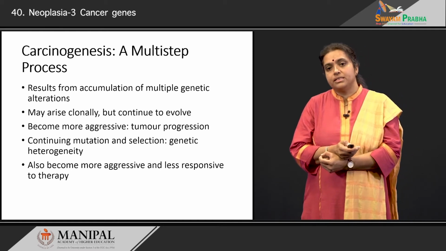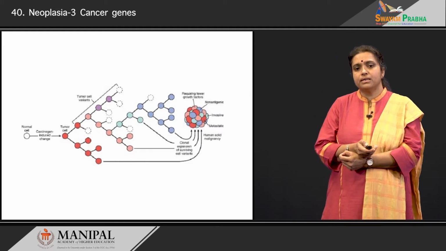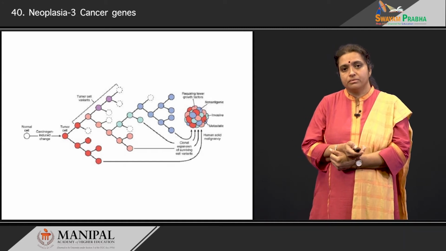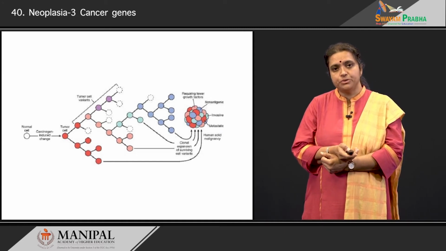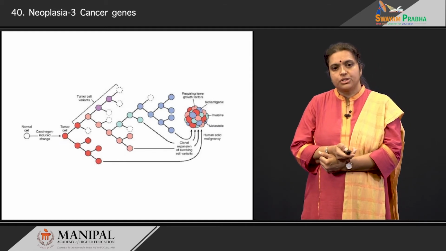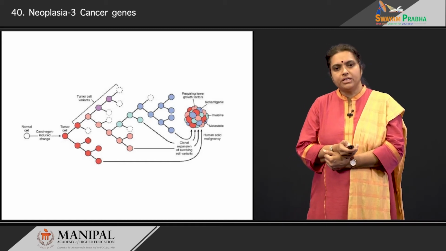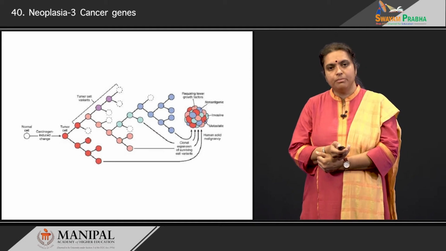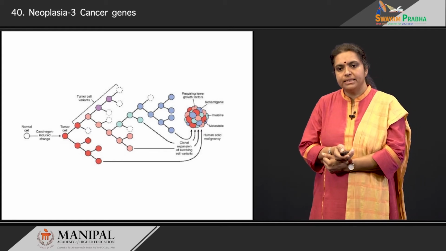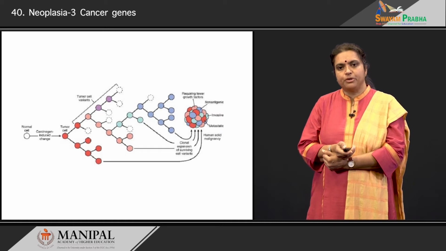So, this causes a genetic heterogeneity within the cancer. It is shown in this picture. A normal cell is there, and there is damage induced by a carcinogen which makes it into a tumor cell and it starts to progress, but then within the tumor cell it acquires additional changes and subclones of these tumor cells develop, and finally you have a ball of tumor which has different subclones of cells with different properties.